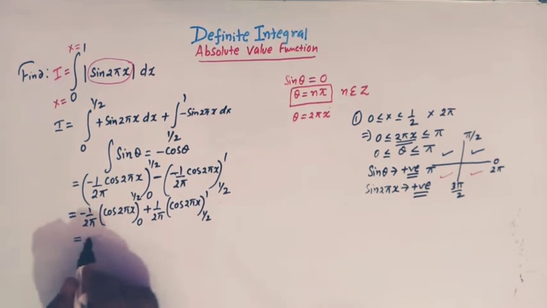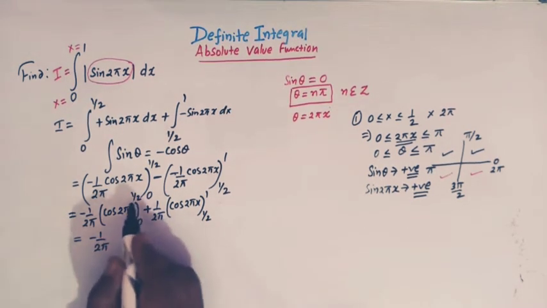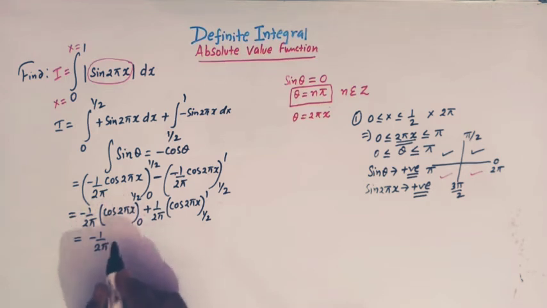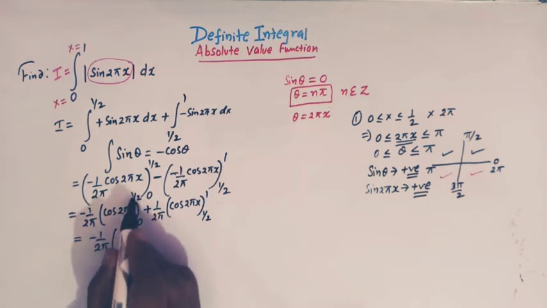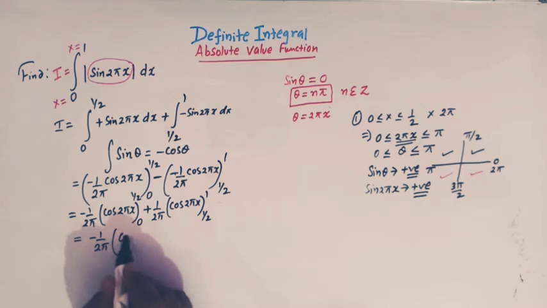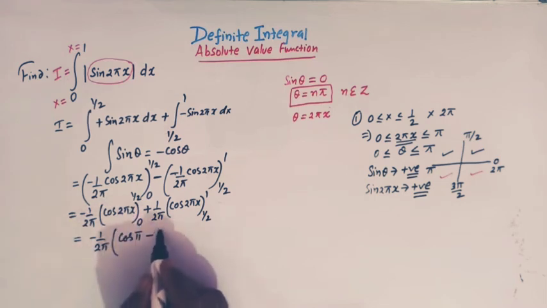Now we can simply substitute the limits. When x is half, we have 2 pi over 2, that is simply pi, and when x is 0, we have simply cos of 0.